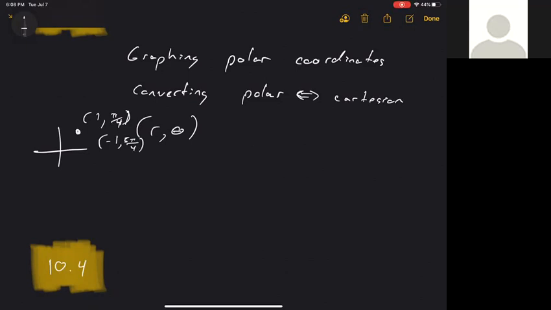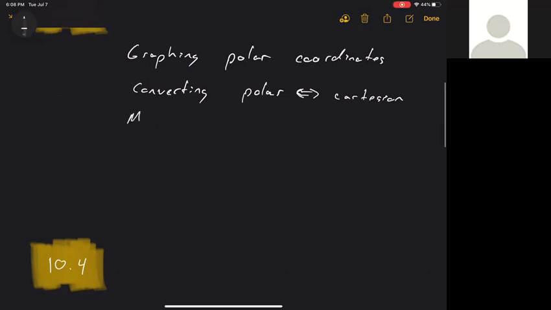So this idea that there's more than one way to write the same point in polar coordinates, keep that in mind and review that. So, multiple forms of polar coordinates.